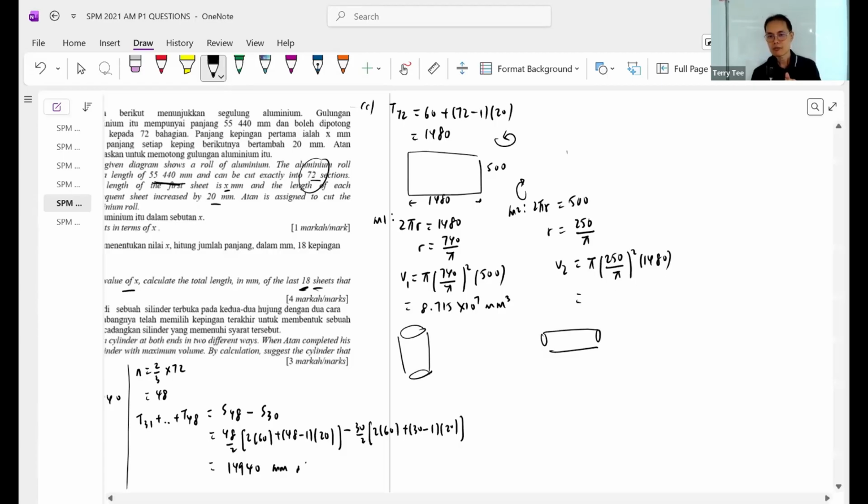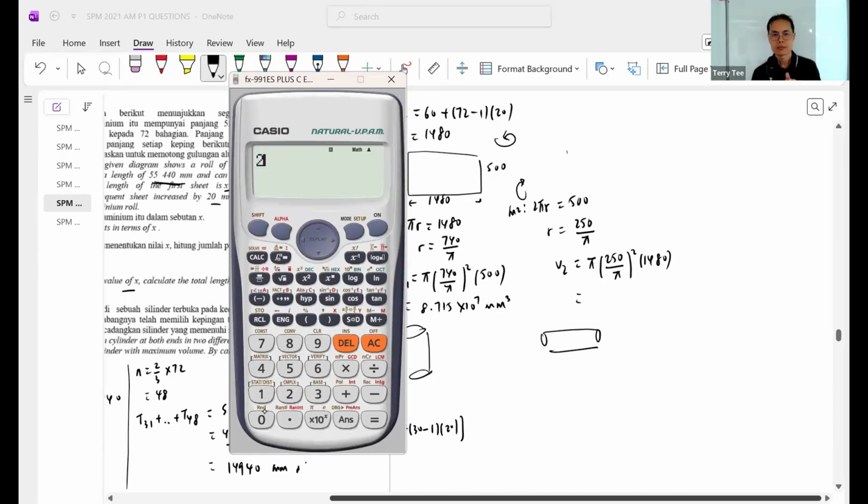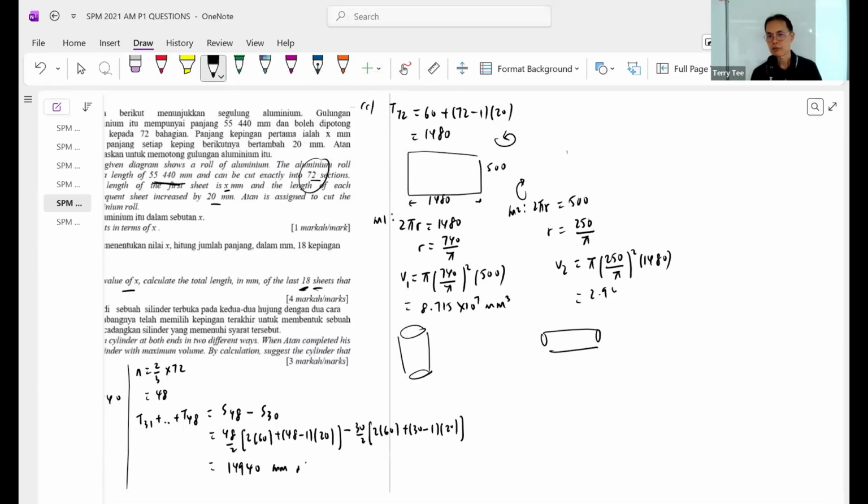So you have to take 250 square divided by pi times 1480. Okay, in standard form, this will be 2.944 times 10 power 7 mm cube.